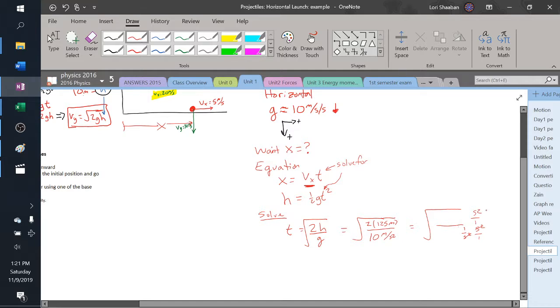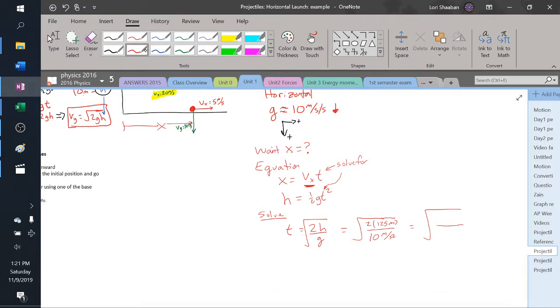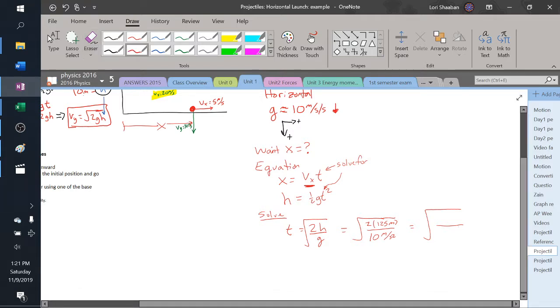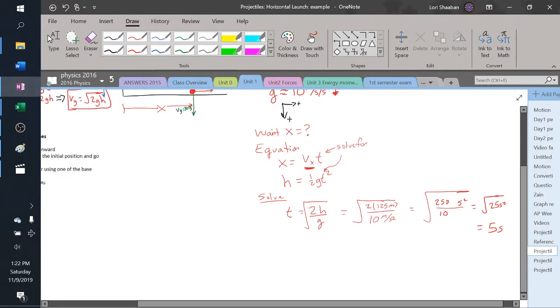Whatever's in the denominator's denominator ends up being second squared. You can see how time is going to be measured in seconds because the seconds unit is in the square root. So 2 times 125 is 250. Divide that by 10. We get the square root of 25 seconds squared, which is 5 seconds. So the object is in the air for 5 seconds.